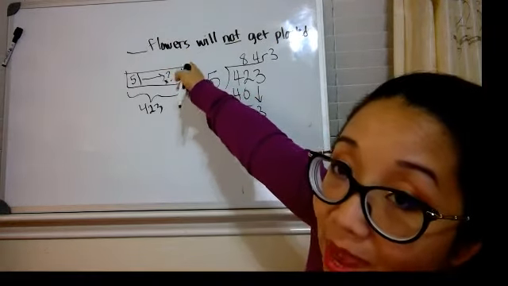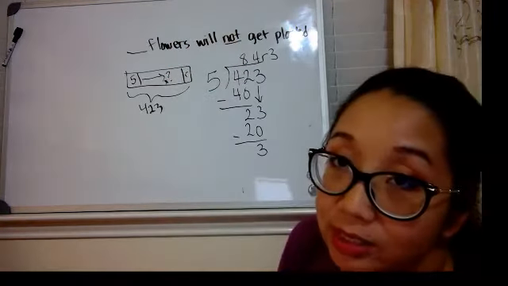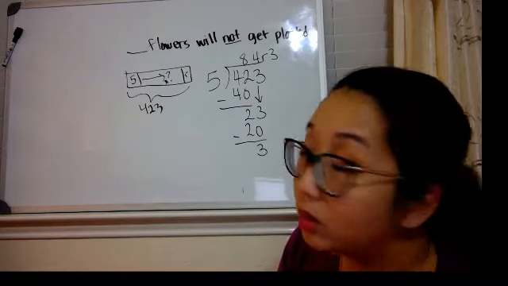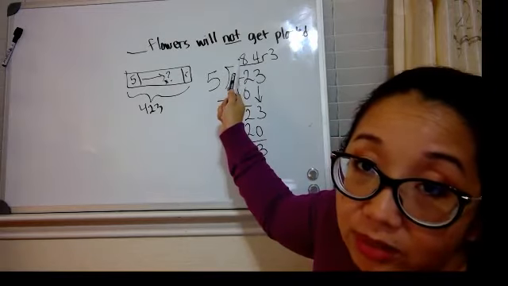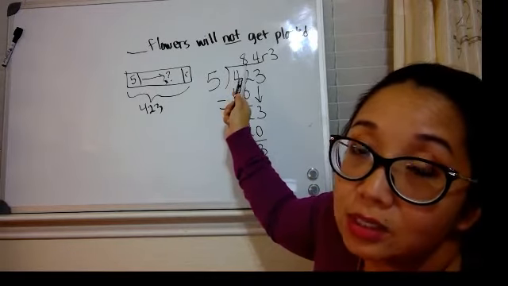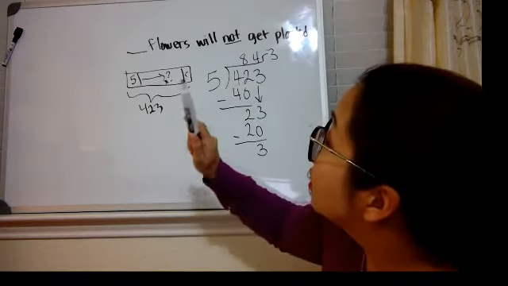Now I check back into my sentence frame. How many flowers will not get planted? If you don't reread your sentence frame, you might put this number in there. And I saw some of you do it today before I corrected you. So, reread it. Think about what this means, what that means.